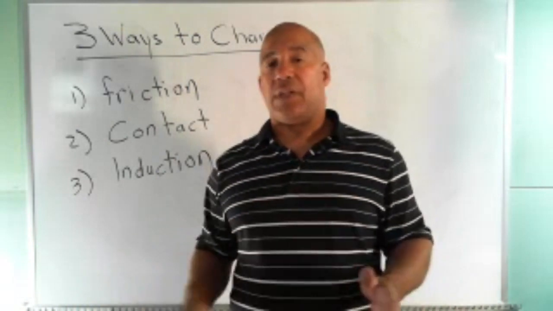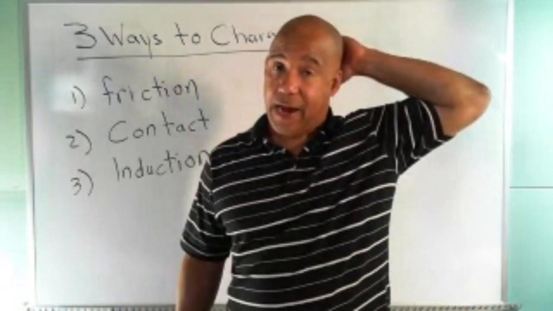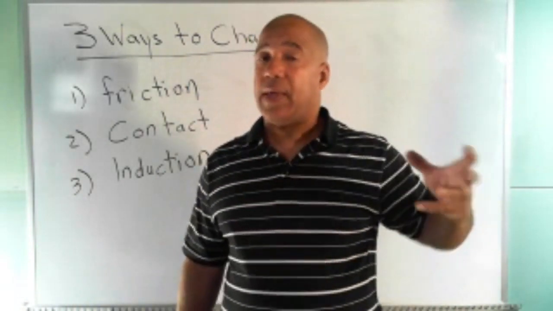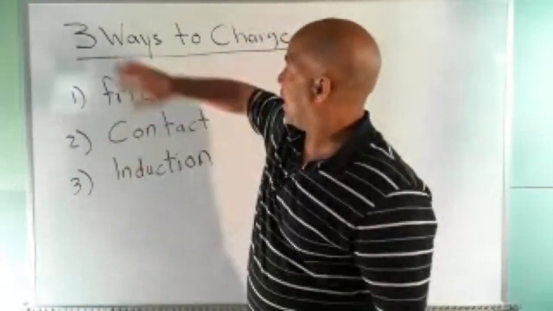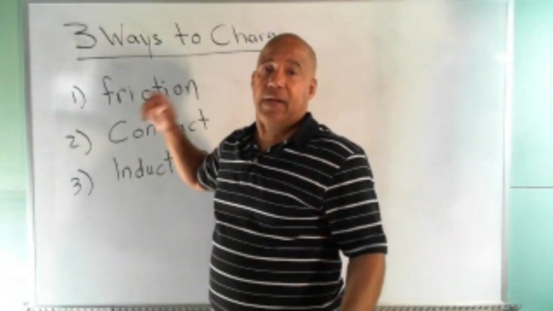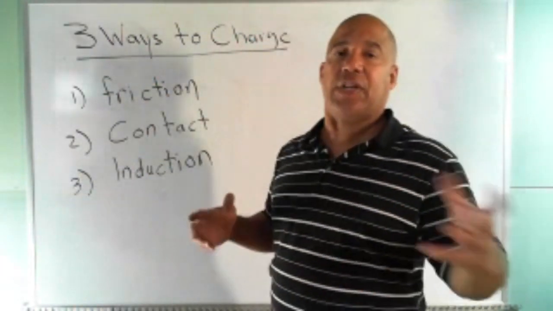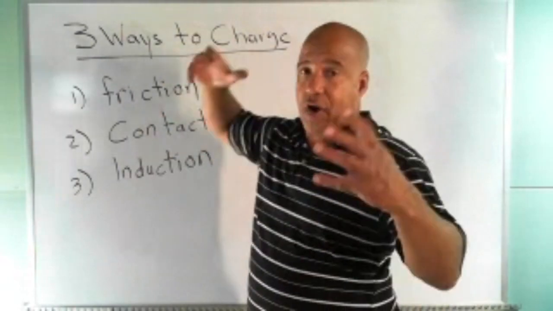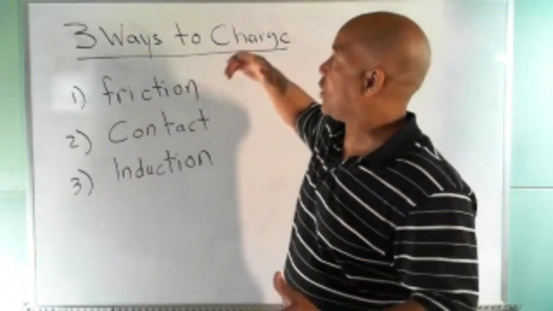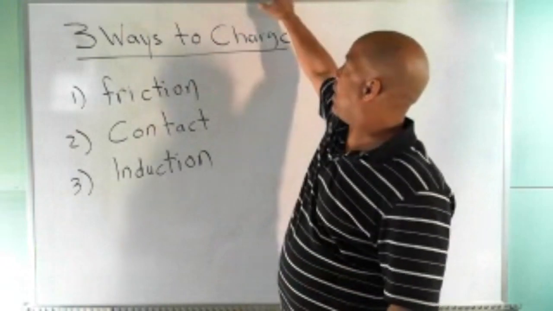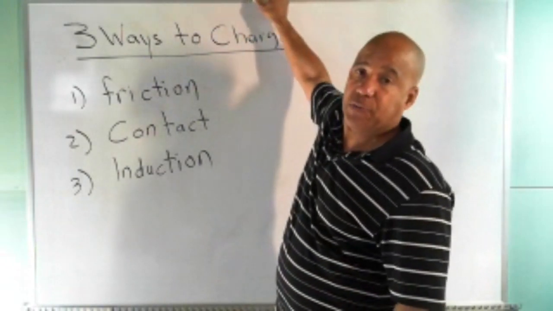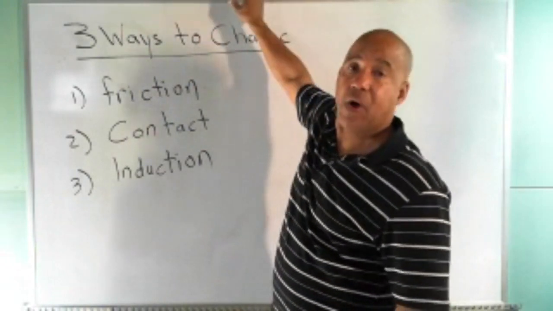You can do the same thing with a balloon. Oh, I can't. I don't have any hair. If you've ever taken a balloon and you rub it on your hair, you can stick it on the wall and it'll stick there because there's a transfer. You've charged that balloon by transferring electrons, and now, because there's a difference in charge between the balloon and the wall, it's able to stick to the wall.